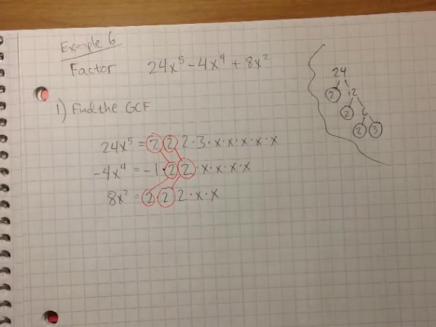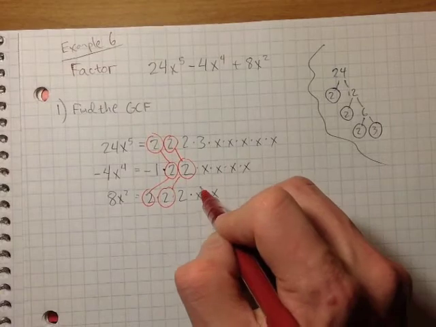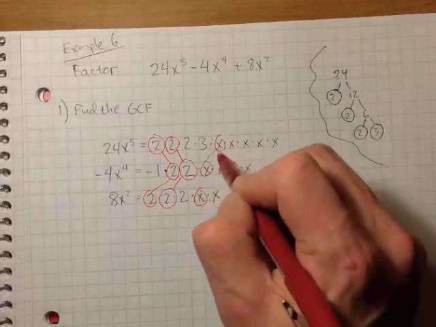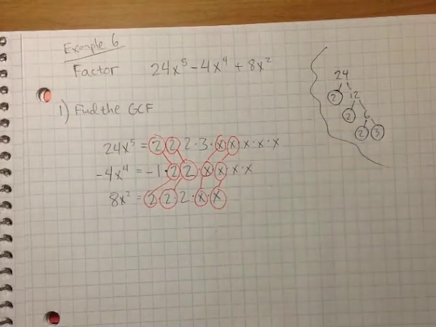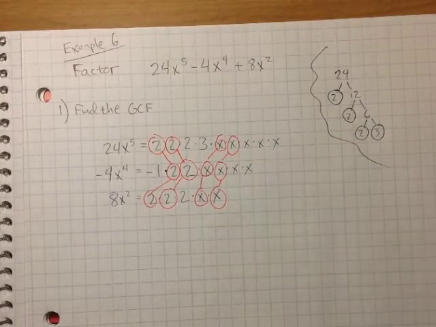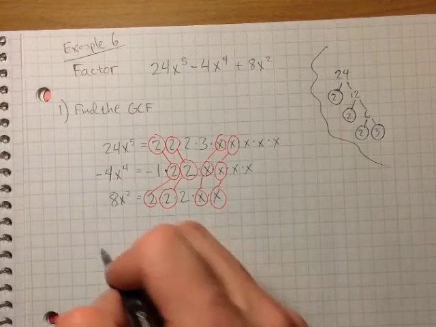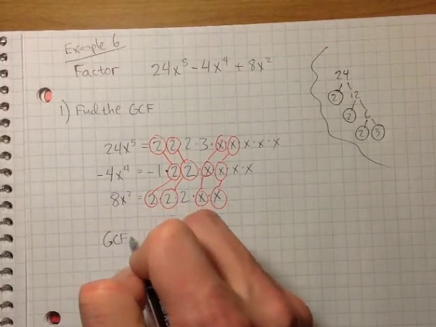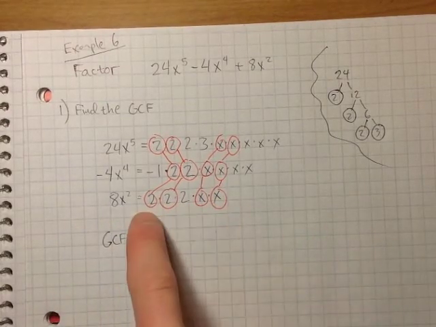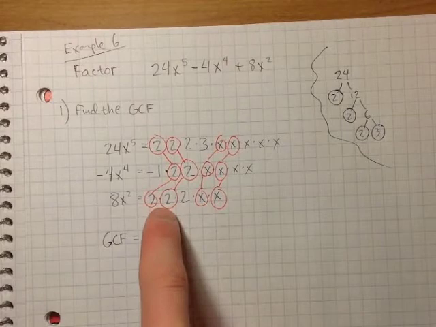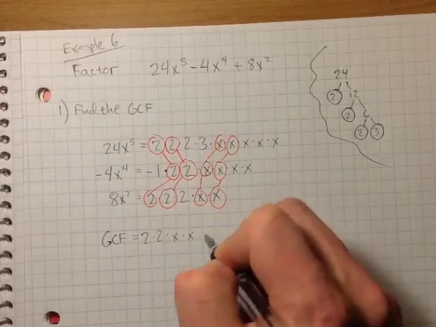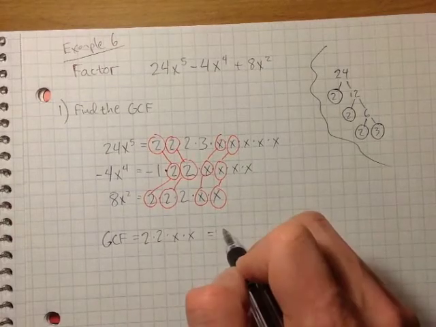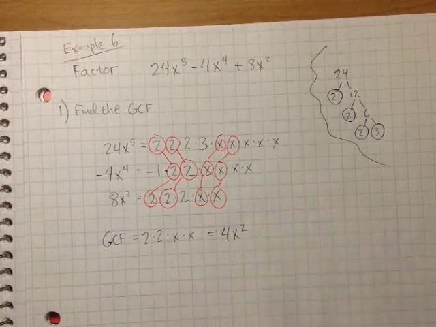How many x's do I have in common? Well, I have an x here. Link those up. And then I have another x here. And it looks like that's all of the x's that I can circle. So the GCF, the greatest common factor, is the things that I circled. 2 times 2 times x times x, which, when simplified, is 4x squared.